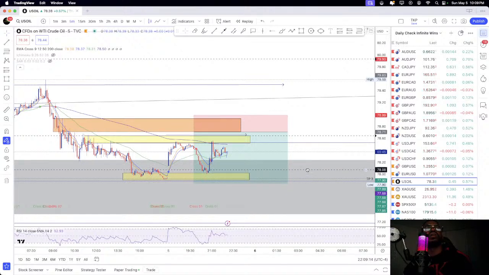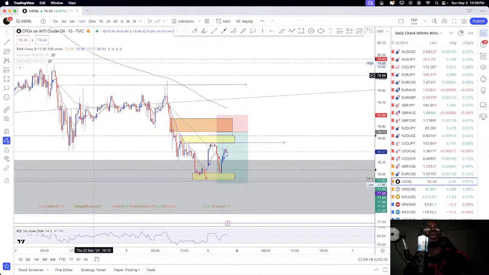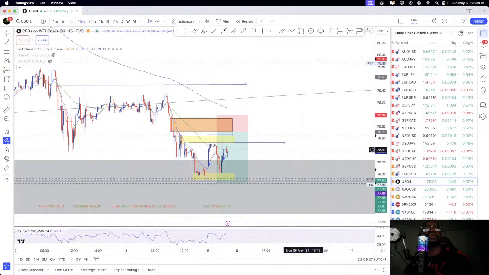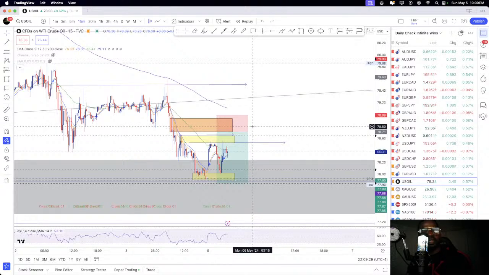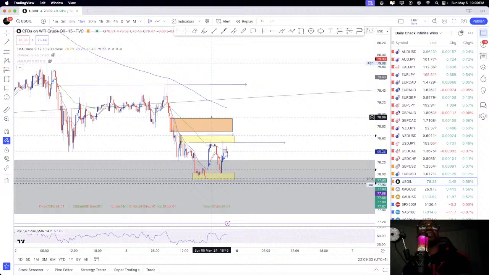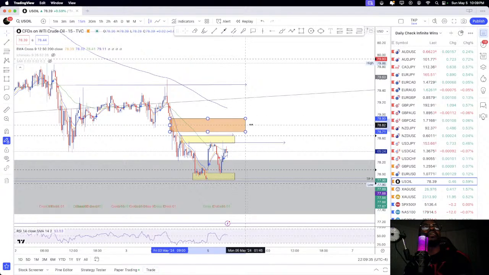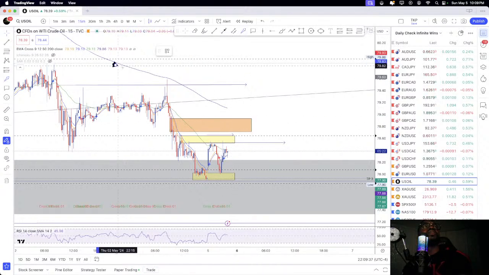I want to put an alert right here. I am not going to take that trade. I just want to know what happens right there. Definitely not finna take a buy on the 5-minute with all of this against me.